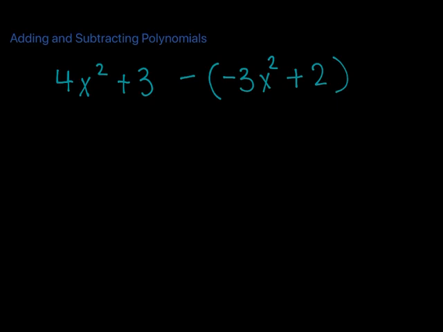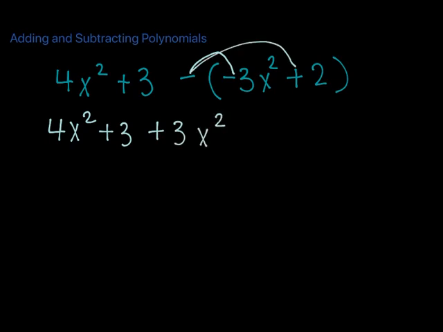So this question can be rewritten as 4x squared plus 3, and negative times negative 3x squared would be positive 3x squared, and negative times 2 would just be negative 2. So we can rewrite our question like this.